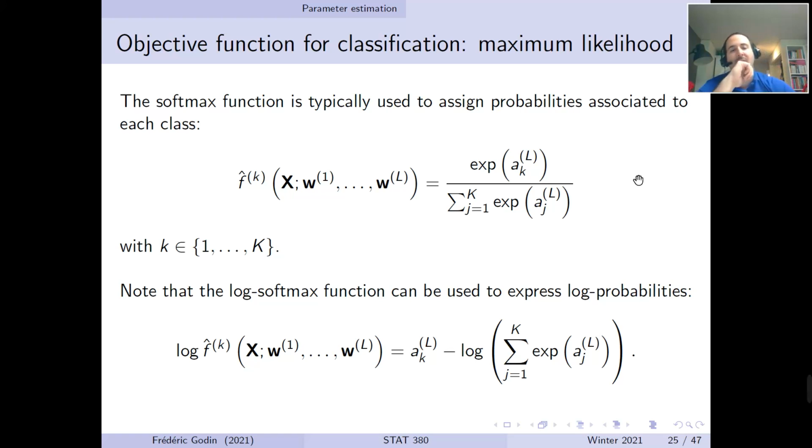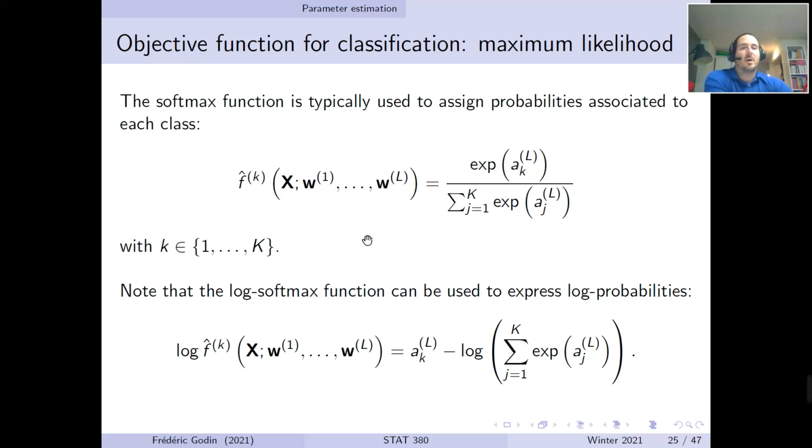If you have the final layer activations denoted by a_k^L for all k, then the prediction of the neural network is the exponential of a_k divided by the sum of the exponentials of a_k, and this quantity would be the estimated probability of being in class k given your model if your predictors are x.